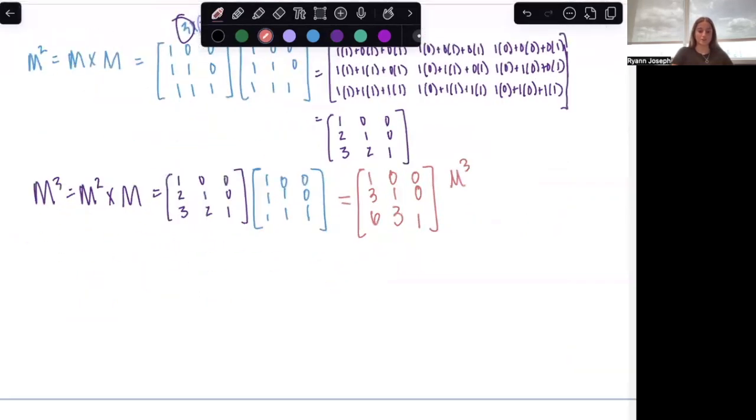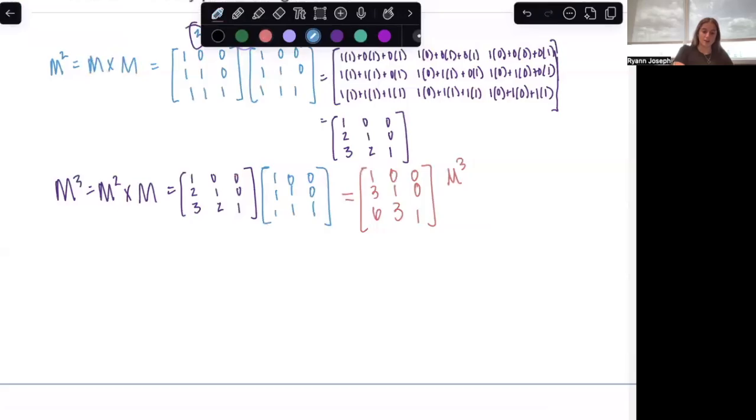We can continue and make m to the fourth: m cubed times m.